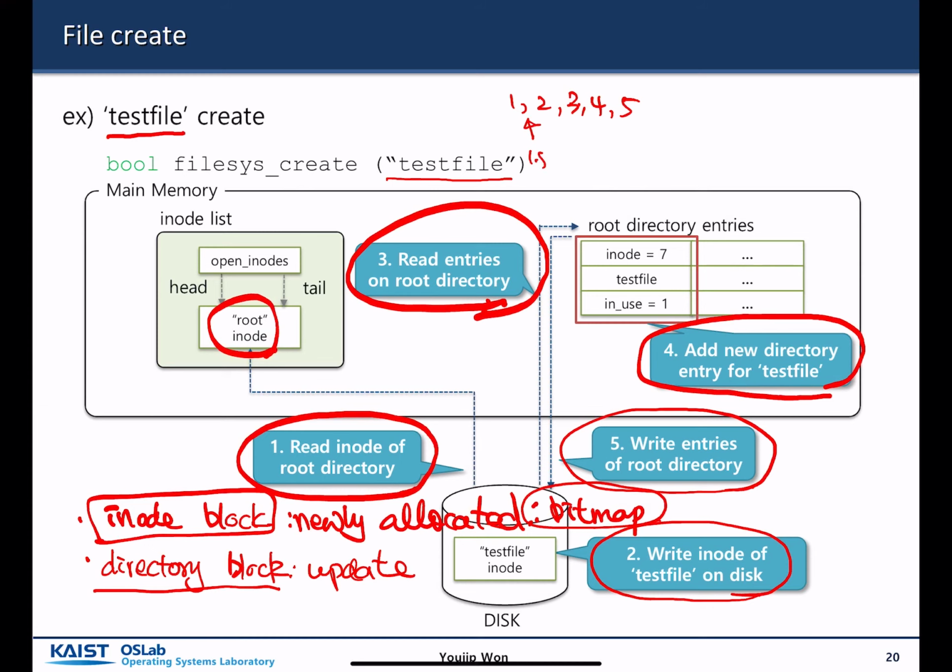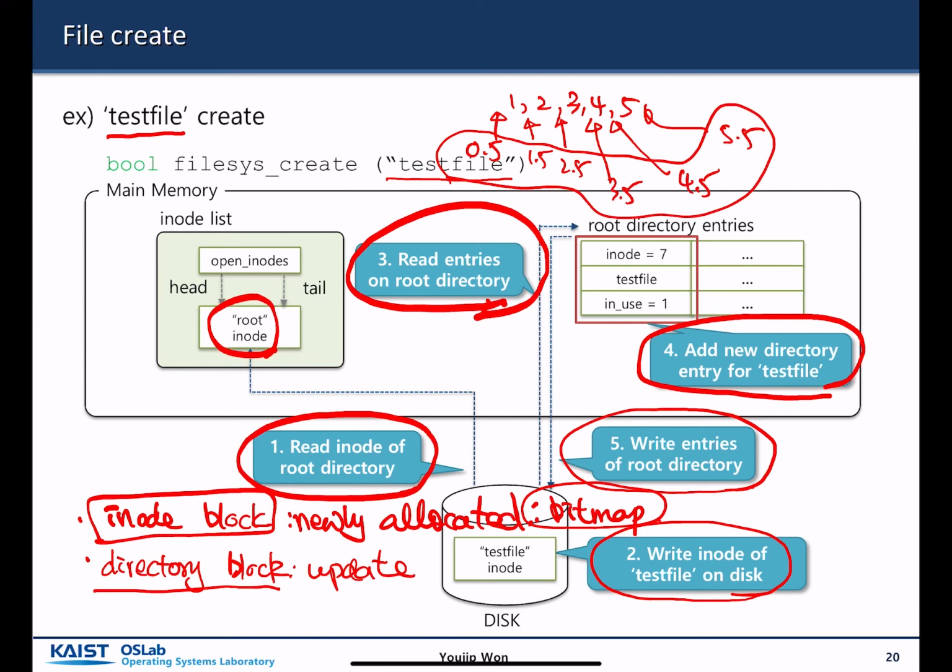Let's say this is 1.5, 2.5, 3.5, 4.5, and 5.5, and 0.5. Among these possible 6 positions, where do we have to include the process of finding the free entry in the bitmap?